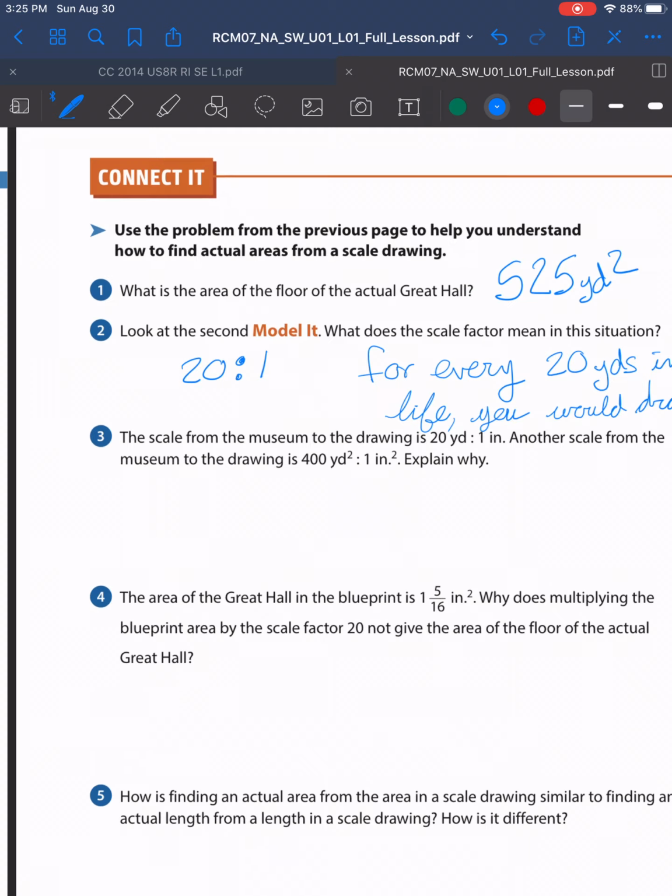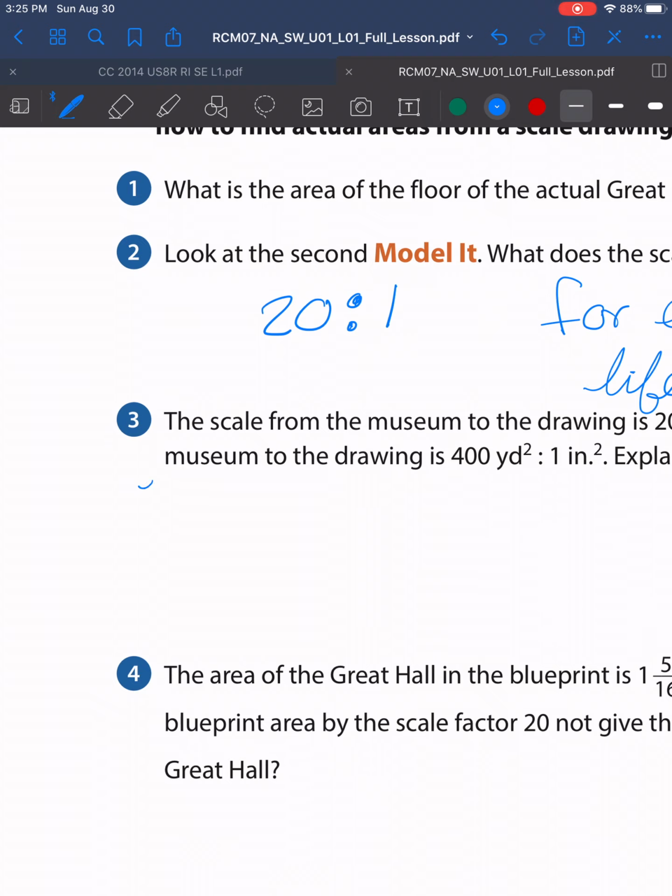Well, we could say you can take the scale 20 to 1 and you can represent it with area.